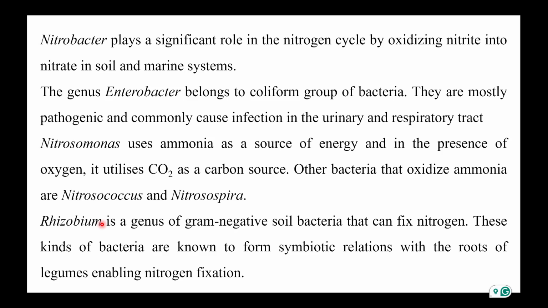And nitrogen is a gas, it goes back to the atmosphere, but there are certain bacteria that can fix that atmospheric nitrogen into ammonia. So nitrogen is again converted back to ammonia. Rhizobium is one such bacteria that can fix atmospheric nitrogen and convert it into ammonia.